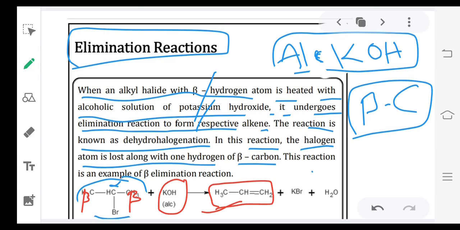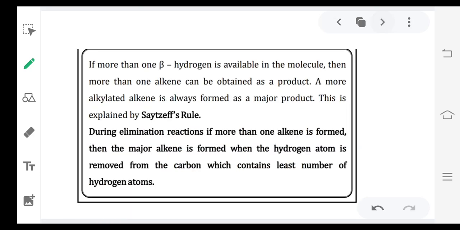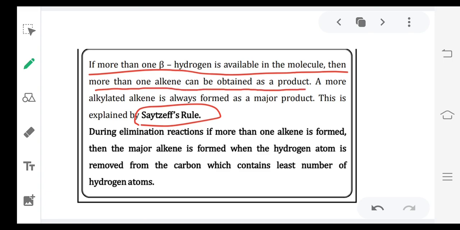Suppose in the case of unsymmetrical alkyl halides, what is the product? That can be explained in terms of the Saytzeff rule. If more than one beta hydrogen is available in the molecule, then more than one alkene can be obtained as product. A more alkylated alkene is always favored as the major product.